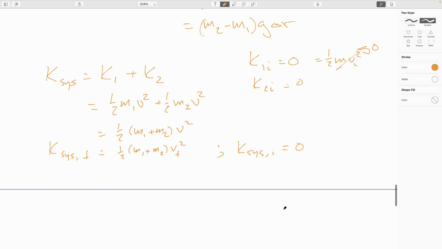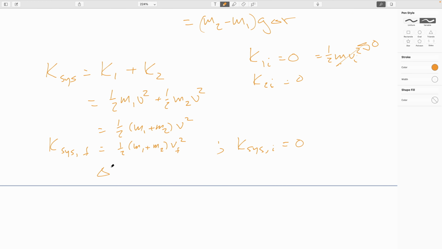So this means that the change in the kinetic energy of our system is K system final minus K system initial. Since K system initial is 0, this is still going to be 1/2 m1 plus m2 v final squared. Okay. So now by the work energy theorem, we can say that the net work done is equal to the change in the kinetic energy of the system.